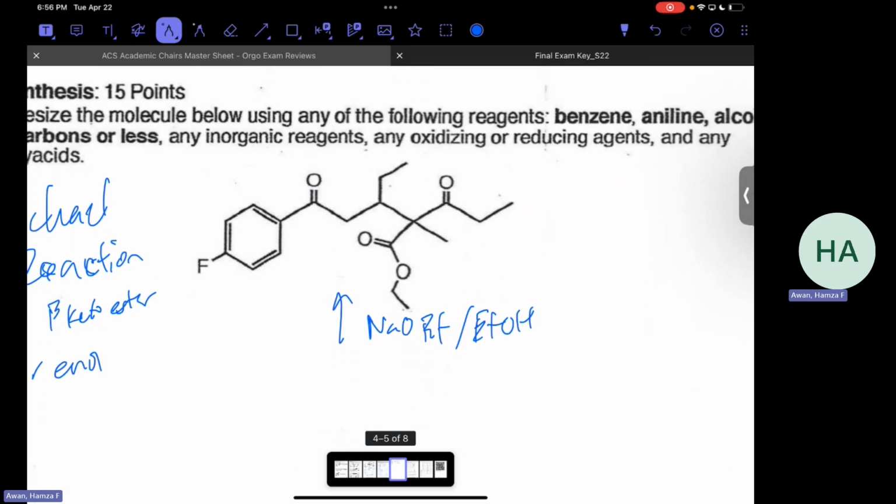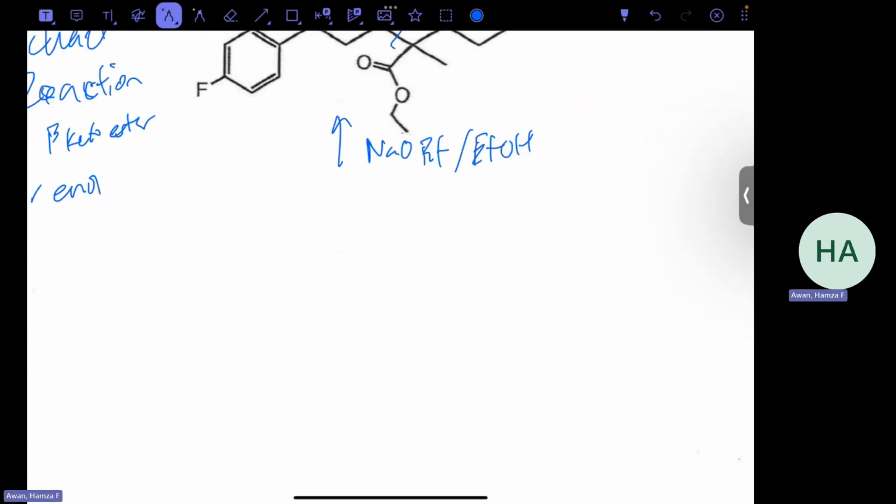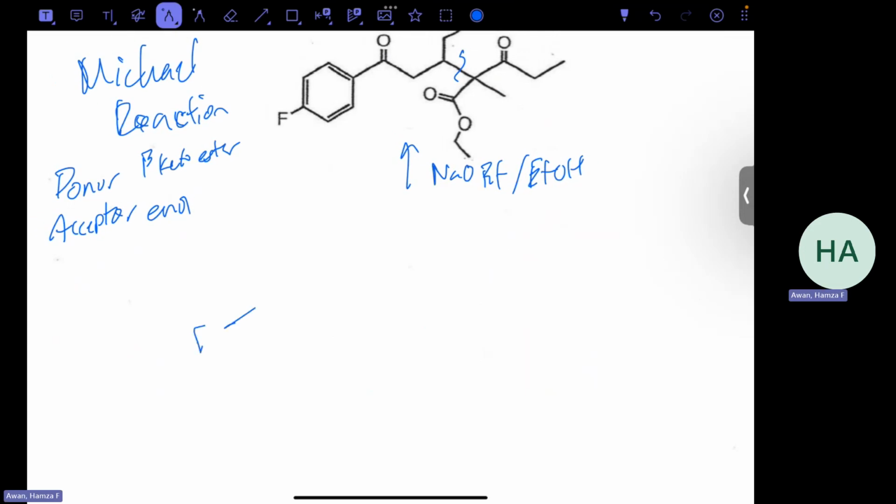And in this one, it's a little bit easier than other ones to see that the bond is right here, based on this carbon and this carbon together, right? It's like the middle ground between the two carbonyls, right? So if we just cleave this, our first step, we'll split them in half.